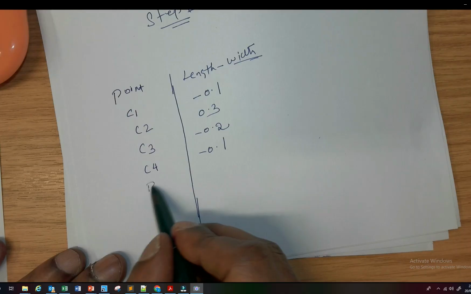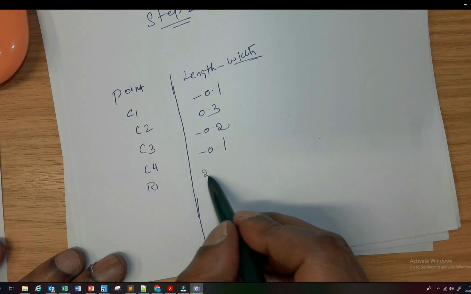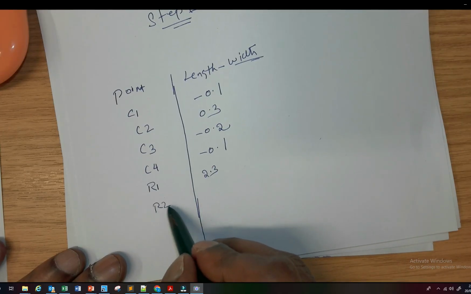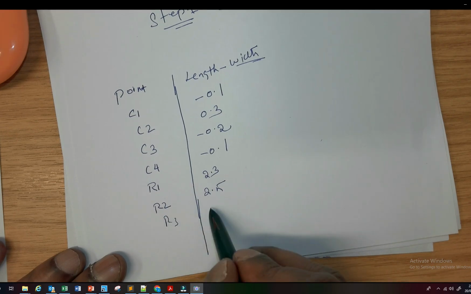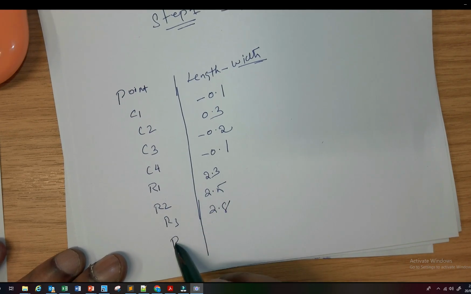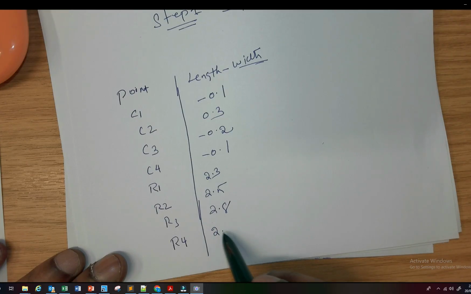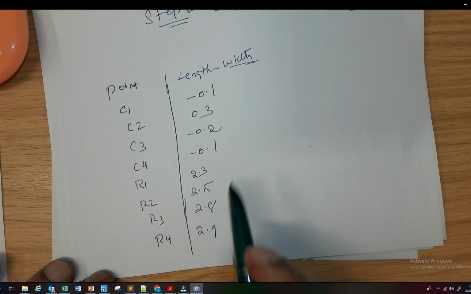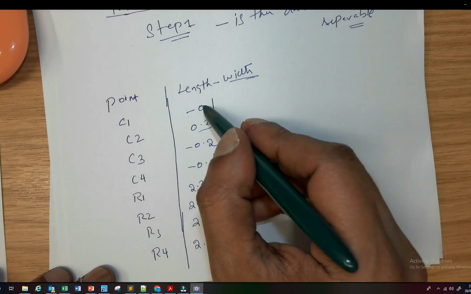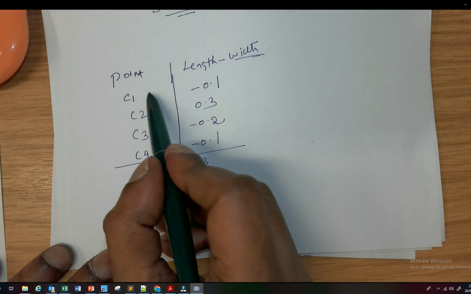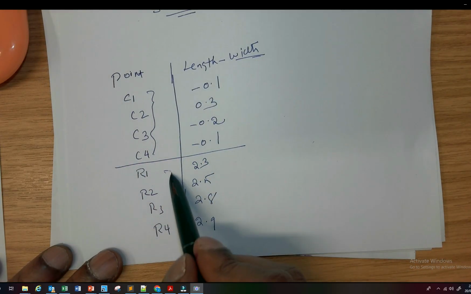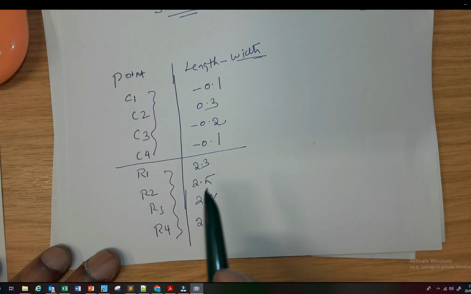Similarly, for rectangle 1 you have 2.3, rectangle 2 is 2.5, rectangle 3 is 2.8, and rectangle 4 is 2.9. One thing you can identify from here, so I'm going to put a line here: these ones belong to circle, and all these points belong to rectangle.